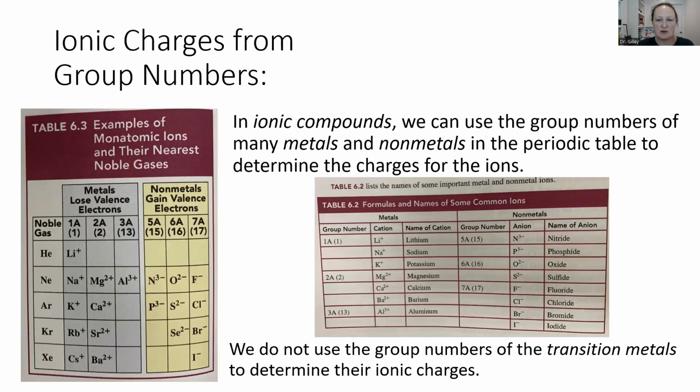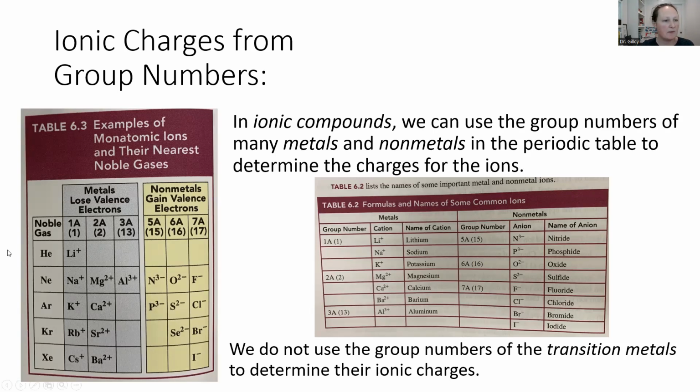Okay, so we can determine the ionic charge from the group numbers in the periodic table for what we call group A elements. So in ionic compounds, we use these group numbers of some metals and nonmetals, and we get these group numbers from the periodic table, and they help us determine the charge for the ion.